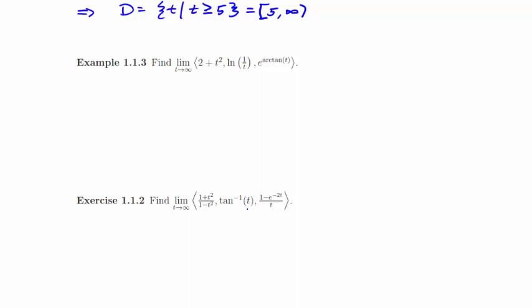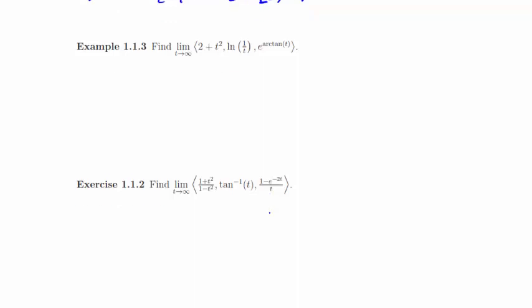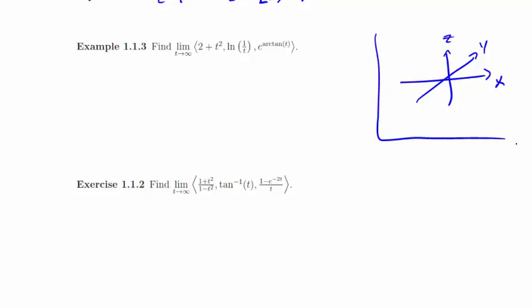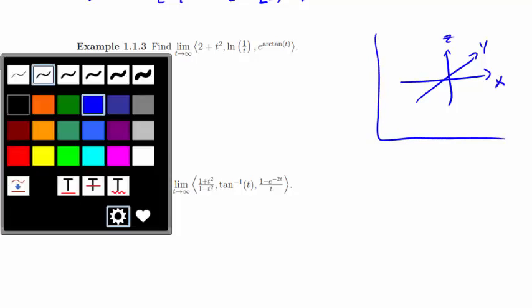Alright, the next thing we want to look at is limits of these vector valued functions. So we essentially want to say, okay, if I have this space curve and it's doing something, and this is not for this vector valued function, this is just a quick idea of what's happening.